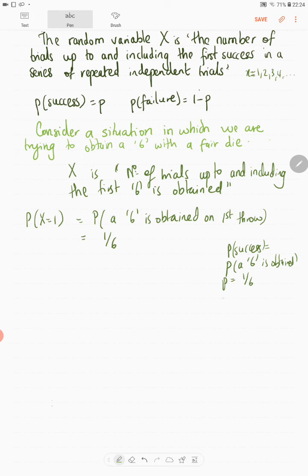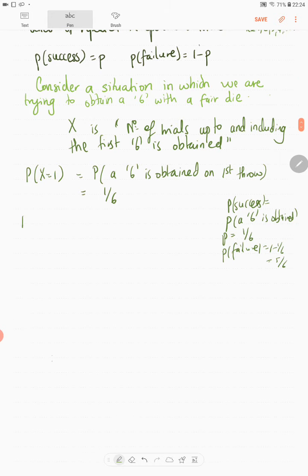So the probability of failure will be 1 minus 1 over 6, which gives us 5 over 6. Next, if we write x is equal to 2, this is the probability that a 6 is obtained on the second trial. That is, the number of trials required for us to obtain a first 6 is 2.